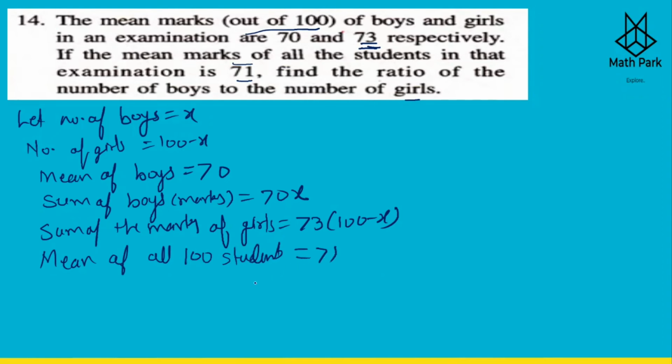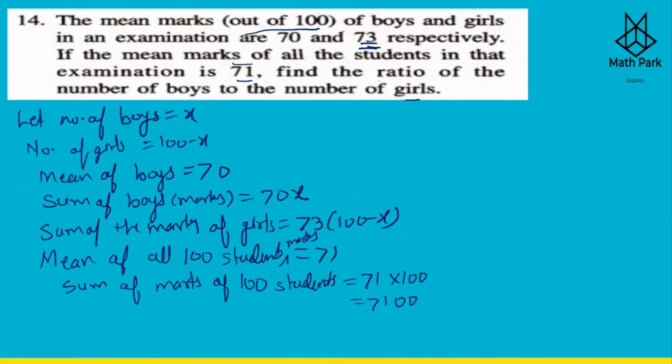Then the sum of the marks of all 100 students will be equal to 71 multiplied by 100, which is 7100, right?